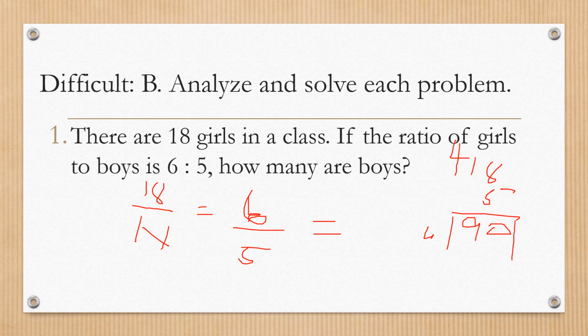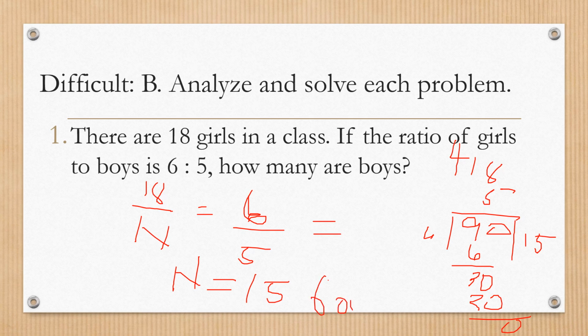So we get 1, 6, 30 divided by 6 is 5. Okay, so we got 30, 0. So that means the answer is 15. So there are 15 boys. Okay, there are 15 boys in a class.